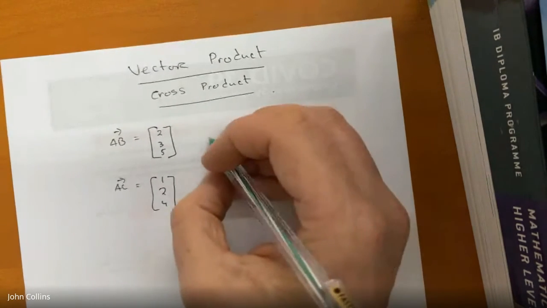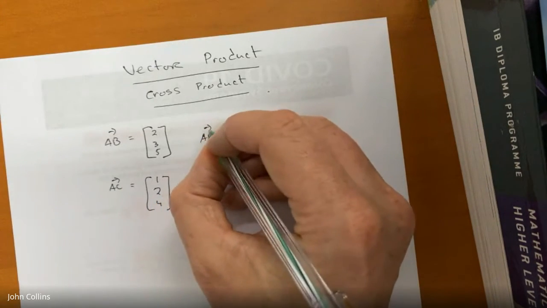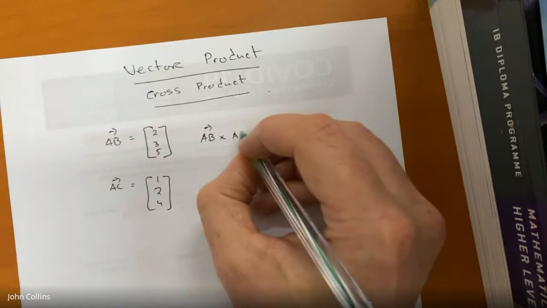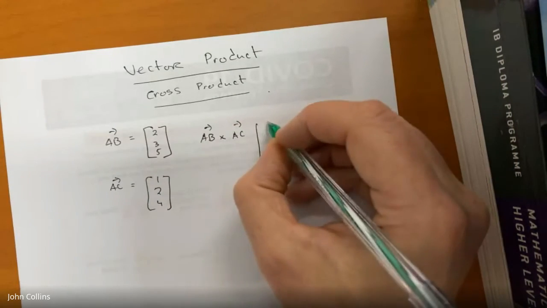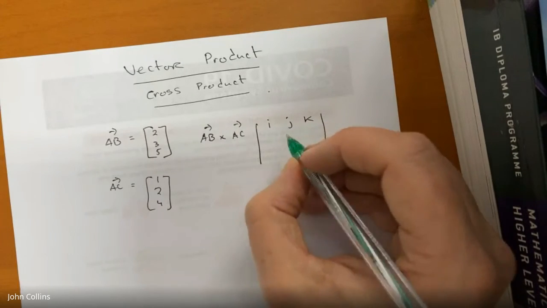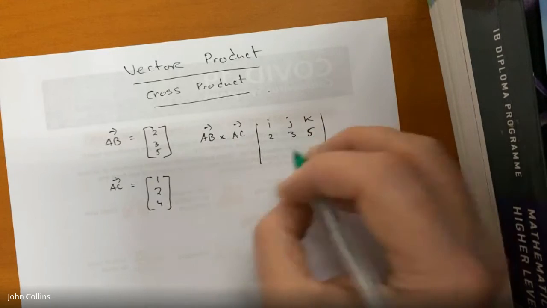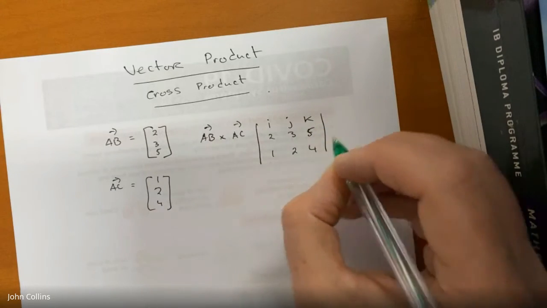All right, so for the cross product, we set up a matrix, AB, AC, and we will write it, we do i, j, k, and 2, 3, 5 for AB, and 1, 2, and 4. Now there's a number of ways you can set this up.